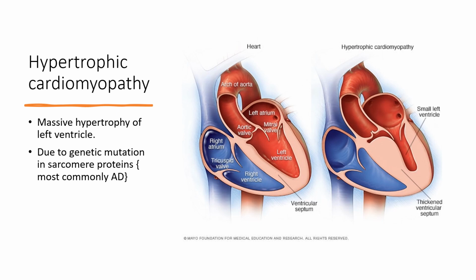Now, coming to hypertrophic cardiomyopathy, as you can guess by the name, there is hypertrophy of the left ventricle. The blood which is coming from the pulmonary veins into the left atrium and into the left ventricle is less.